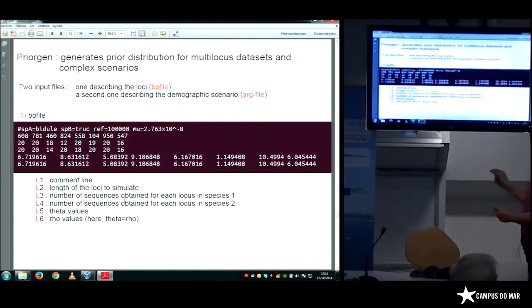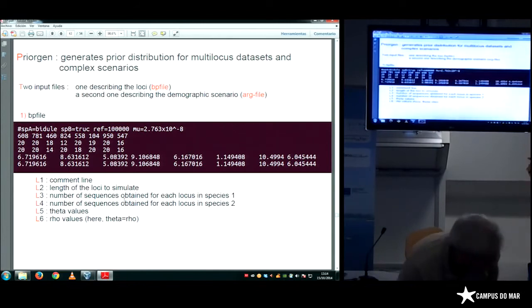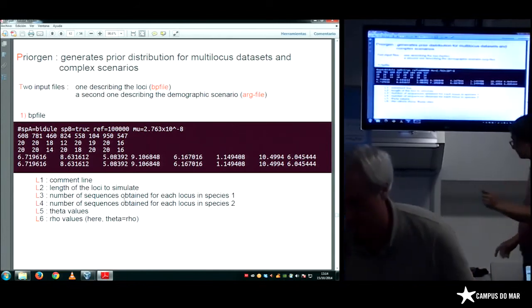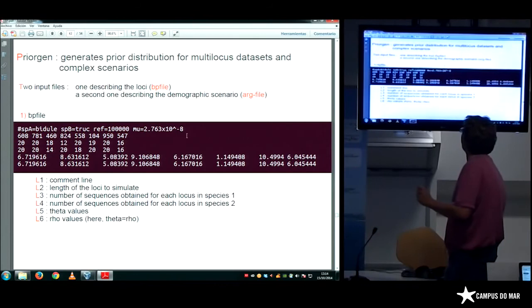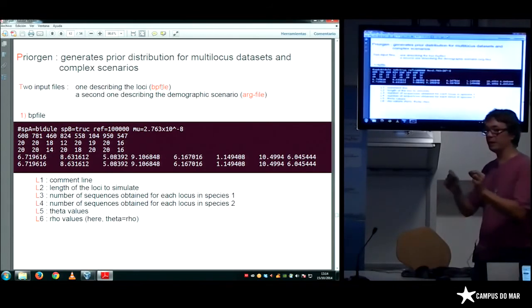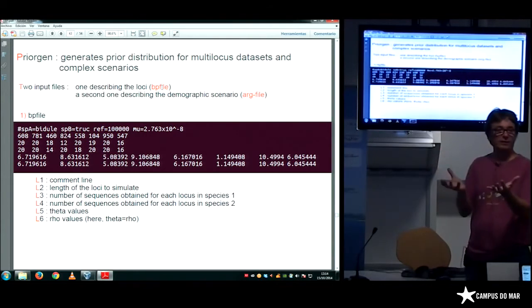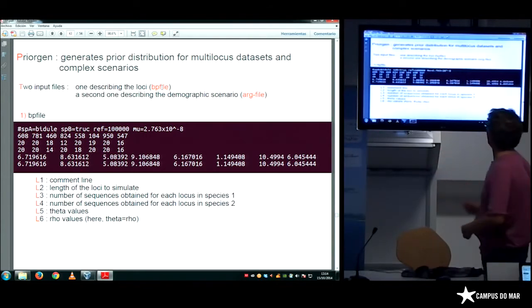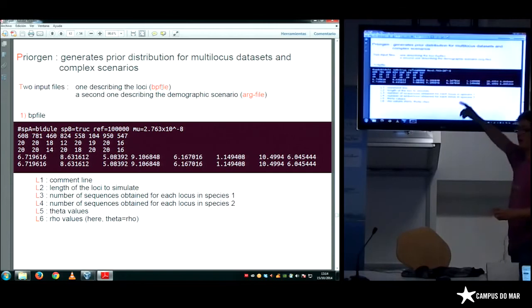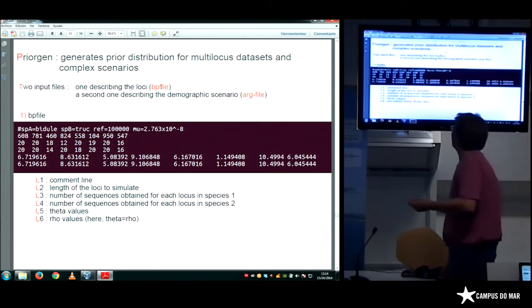So priorgen has 2 argument files. One file is the BP file. It describes the characteristics of your data set. Here you have one example. It's the data set we should use if we have time, but I think we are too late.